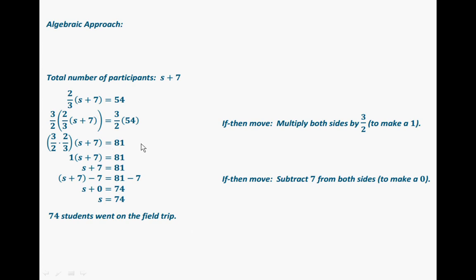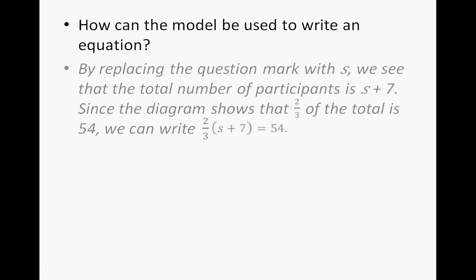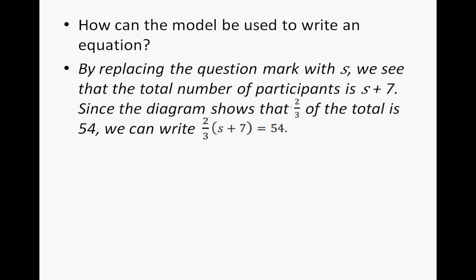Again, take this algebraic approach and compare it to our tape diagram and arithmetic approach and see where the relationships lie between these two approaches. So how can the model be used to write an equation? Well, by replacing the question mark with s, we see that the total number of participants is s plus 7.